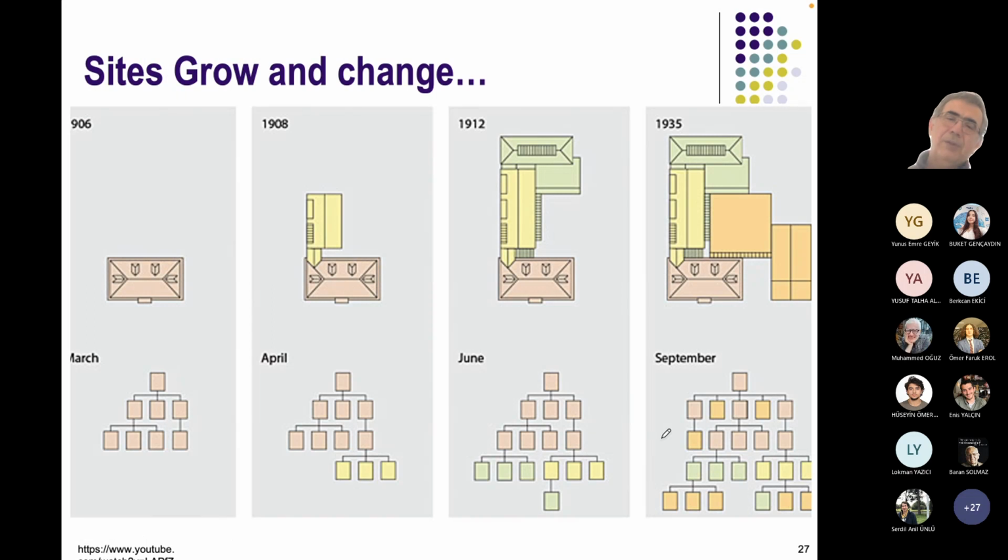This is the figure from the book. I like this very much. At the top, we see a house from Germany. The first image shows the top view of the house from 1906.